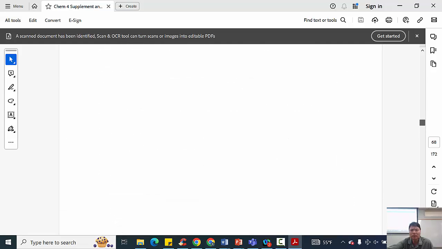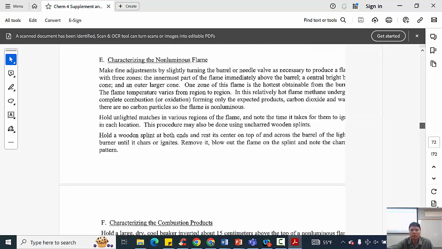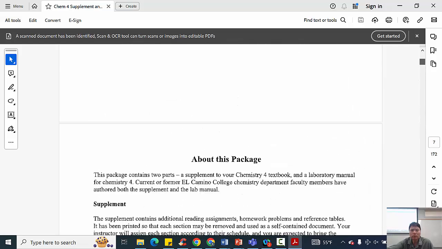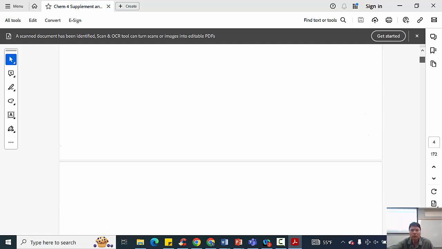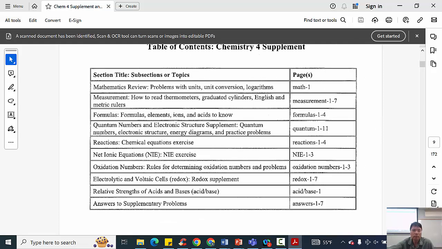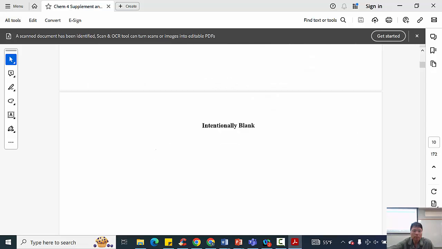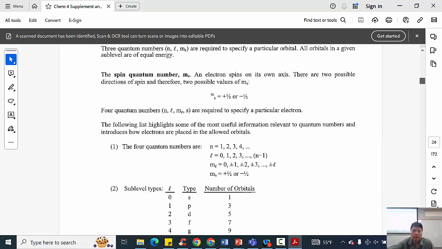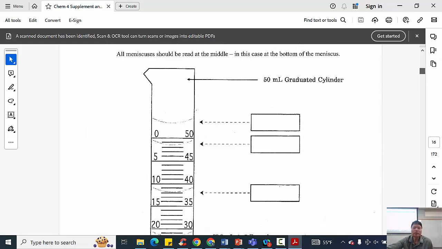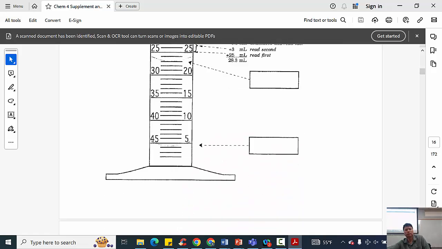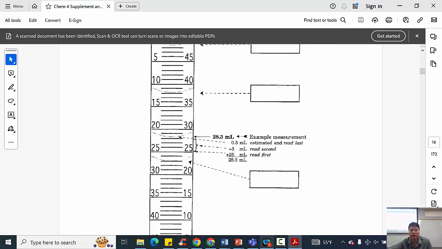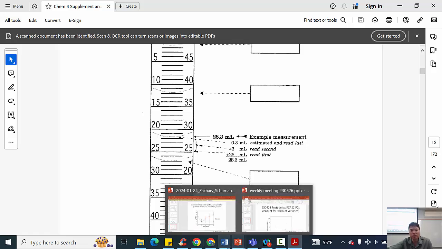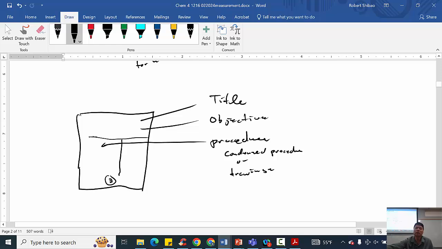Let me see. Maybe it's gone. This is what a graduated cylinder looks like here. And so this is the way I'd write the procedure. I'd read through the procedure and then just try to draw it out pictorially.